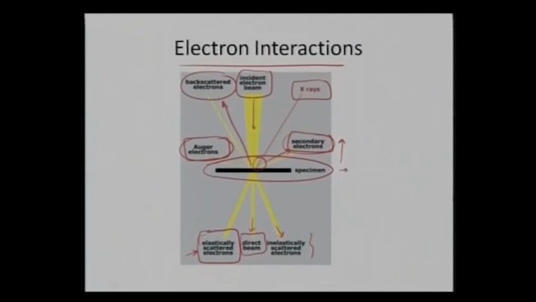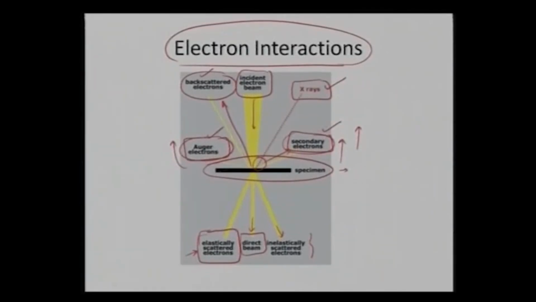So, electron interactions can be very complicated in nature, starting from secondary electrons, backscatter electrons, and Auger electrons. They can also induce the production of X-rays, and everything is going back above the sample.